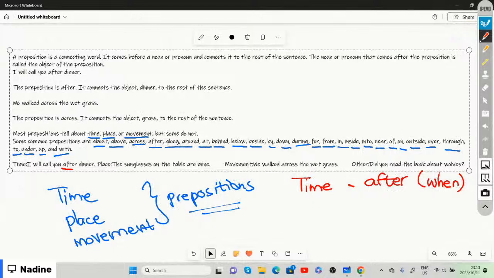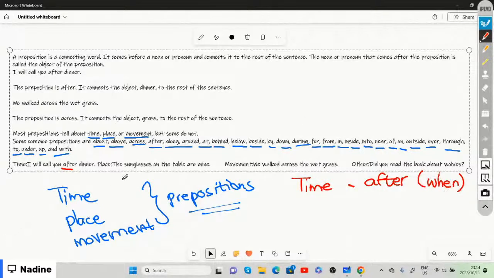It's like time. It's not telling us 5 o'clock, 3 o'clock, 2 o'clock. No, it's not telling us 5 past 3. That is not the time that we are talking about. We're just talking about words like after, during, before, right? Those type of things. So the word after, it's a preposition of time and it basically tells us when, right?